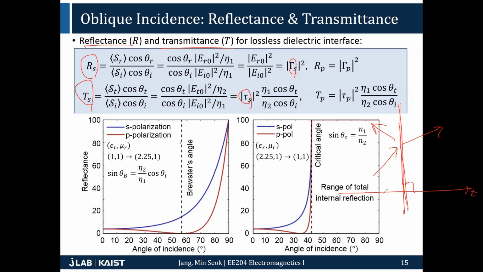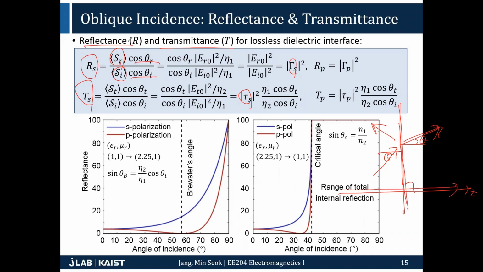So the power flow along the Z direction. In order to obtain that, we have to calculate the Poynting vector and then multiply by cosine theta, right? So this is theta. You need to multiply cosine theta to the Poynting vector in order to get the power ratio propagating perpendicular to the plane.